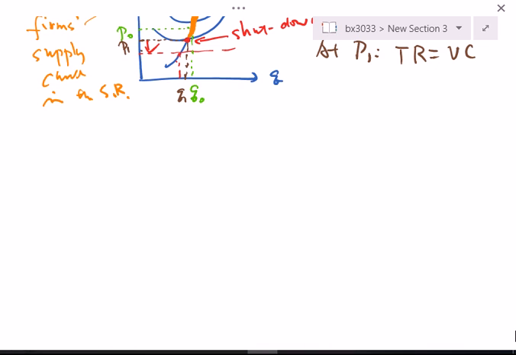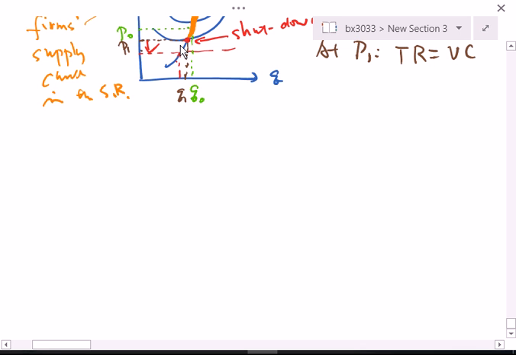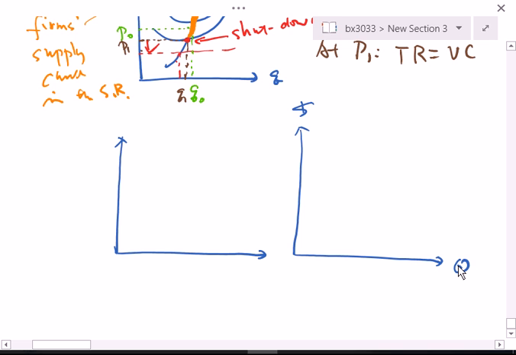Now let's combine the firm diagrams with the market diagram. Put them together. So in the market, there's a downward sloping demand curve.